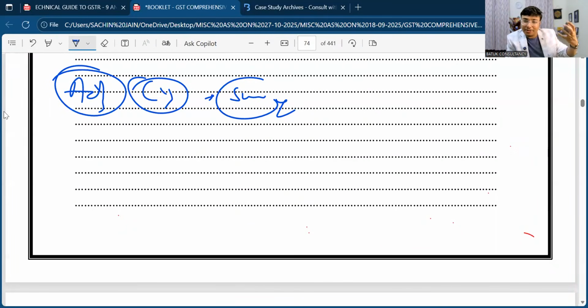Sir, this is about your sales, your purchases, your claiming, your tax payment. There may be chances during the financial year you have claimed a refund. There may be chances you have made a supply to a composition dealer. There may be chances you have made a certain deemed export.